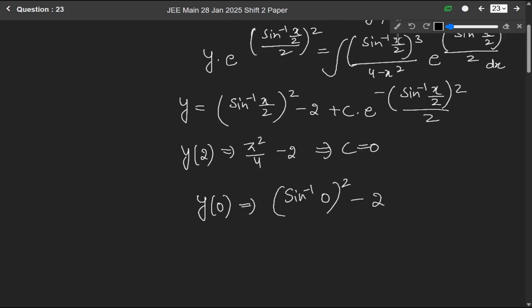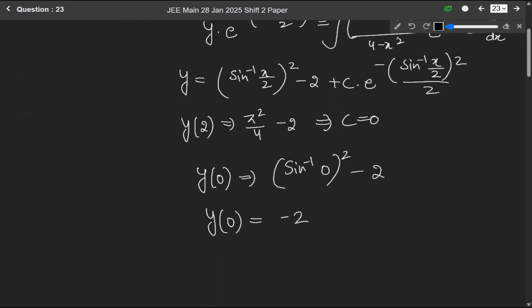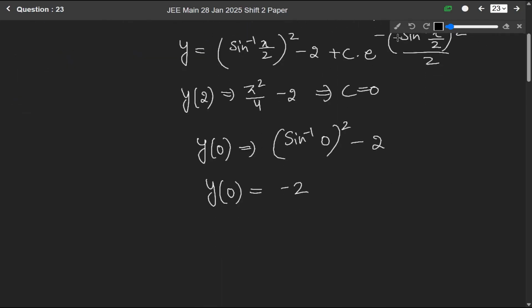So y(0) will be equal to −2. So y²(0) will be equal to (−2)², which means 4. So our answer is 4 here.